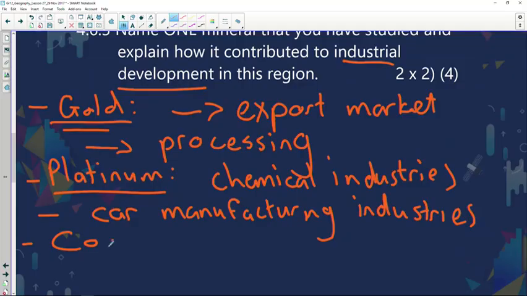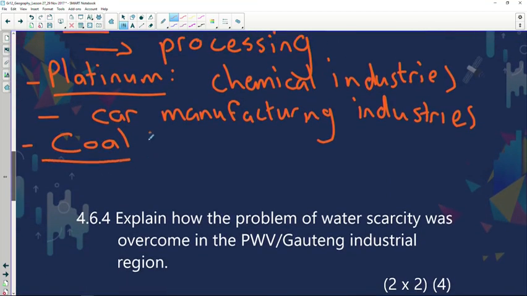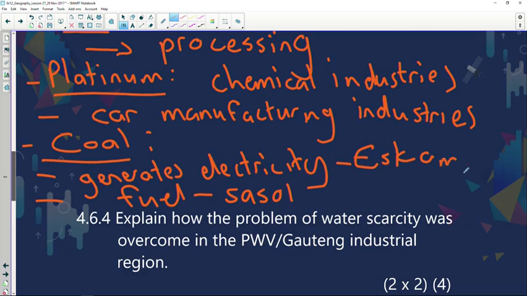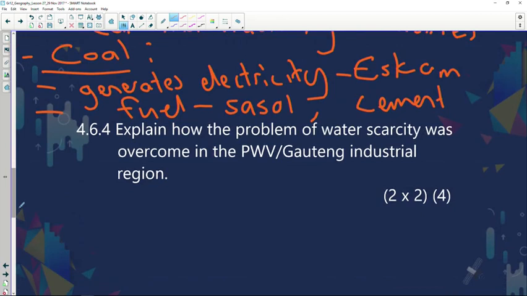And lastly, another massive raw material that South Africa do have and where a lot of people is employed is coal. So first of all, it generates electricity. Secondly, we can use it for fuel. If you think of Sasol, okay, electricity is Eskom, obviously. And obviously we use it for cement as well. So many purposes, and a lot of other companies and industries exist because of this primary activity that we basically have in South Africa.